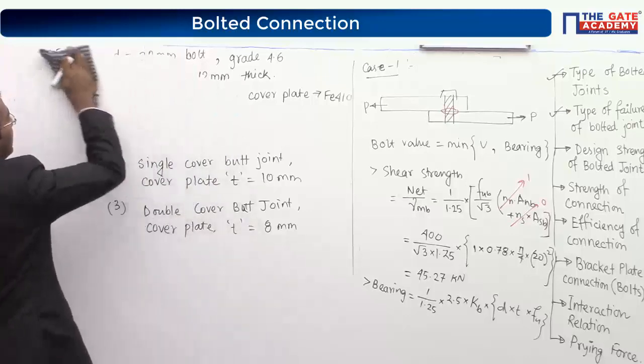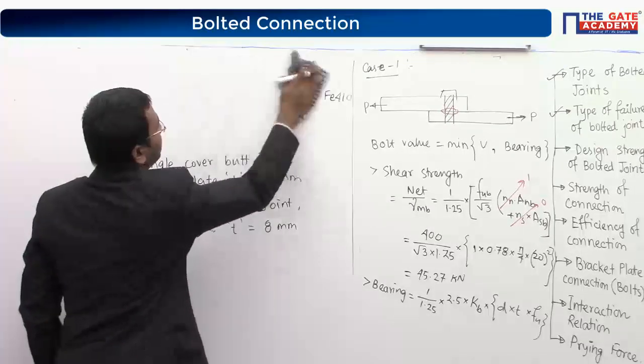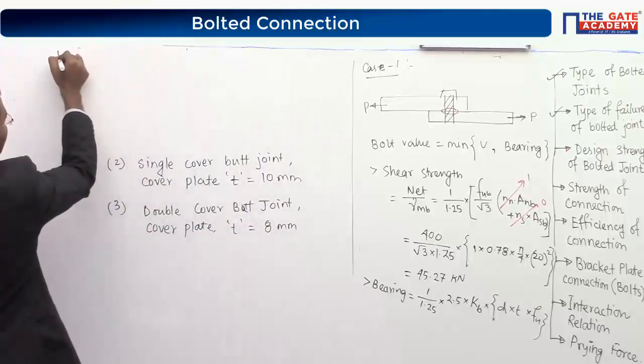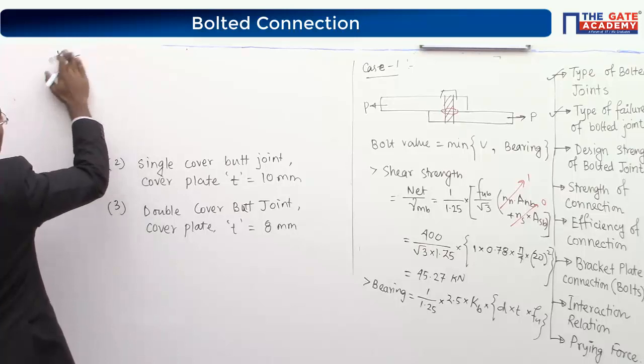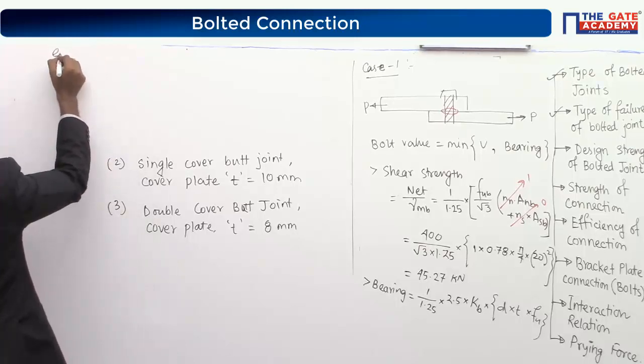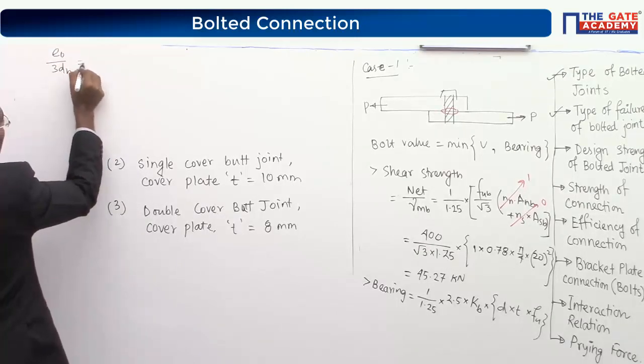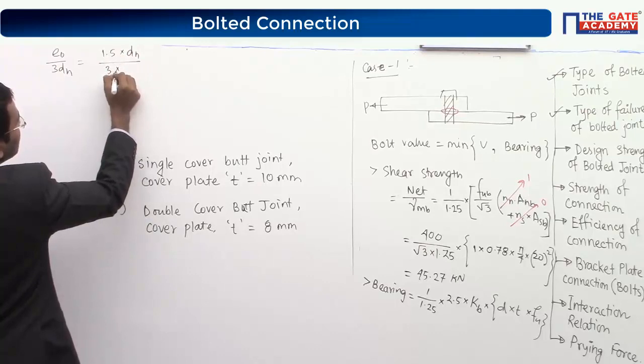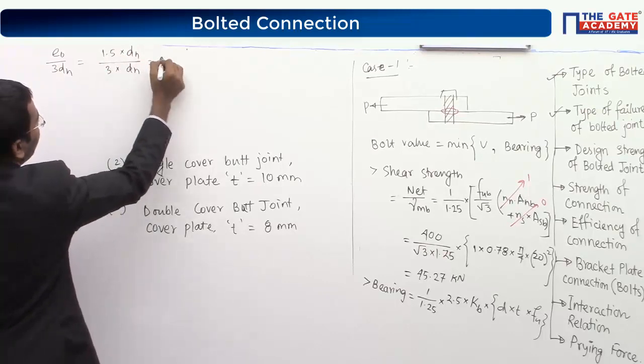For the given question, kb is the minimum value. So the minimum of e naught by 3dh, that is 1.5 into dh divided by 3 into dh, which is equal to 0.5.